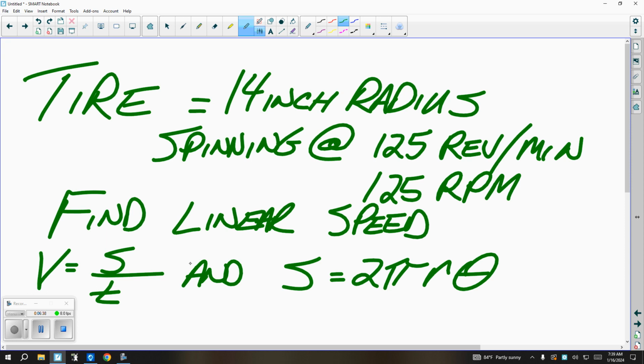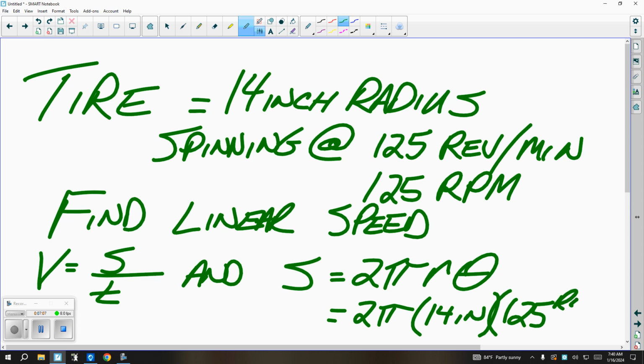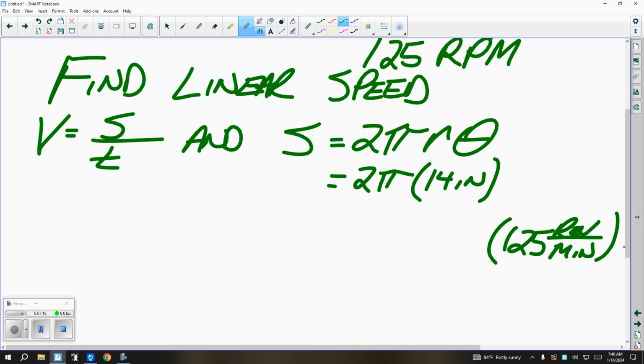Okay, let's do it. Let's figure out S first. S would be 2 pi r, which was 14 inches, and theta is 125 revolutions per minute. Oh, brother. Oh, I did not mean to do that. Oh, boy.